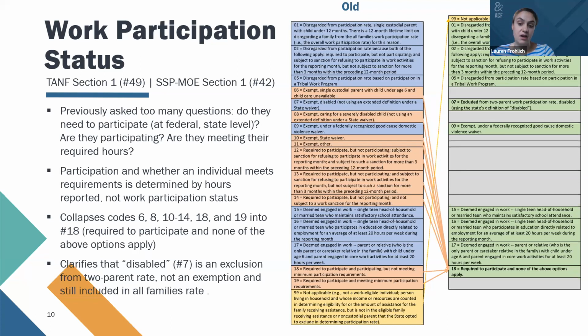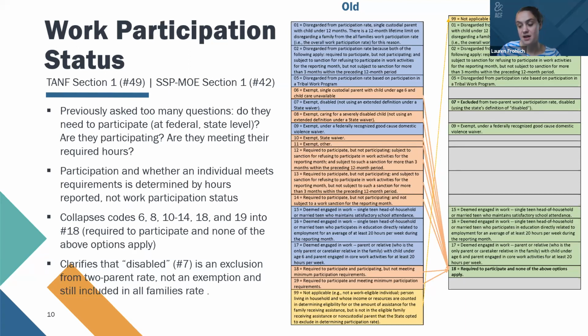And another key point here is that participation and whether an individual meets requirements is determined by OFA based on hours reported, not on work participation status. So even though states in the old version on the left here had been asked to report, are they meeting the work rate? Are they meeting minimum participation requirements?